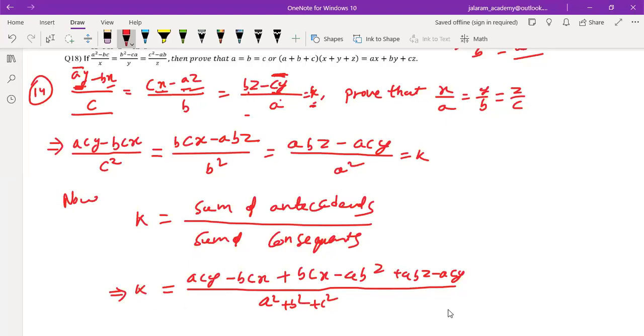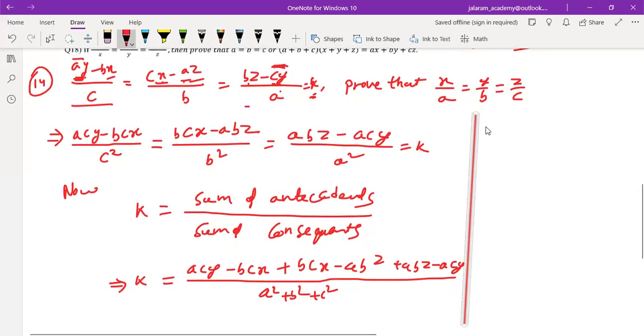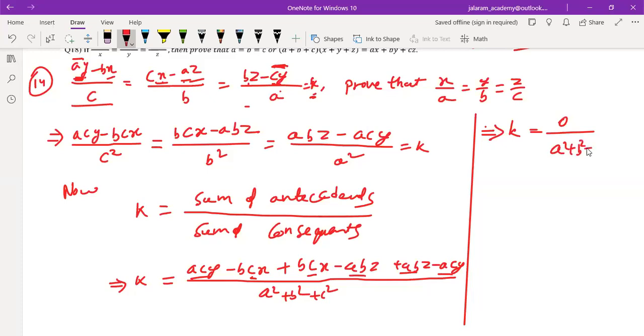Now add the terms in the numerator. What will you get? Check. k equals acy minus acy cancelled out. This is not abz square, this is abz only. Acy cancelled out, minus bcx plus bcx cancelled out, minus abz plus abz cancelled out. And this is what we want to do: k equals 0.